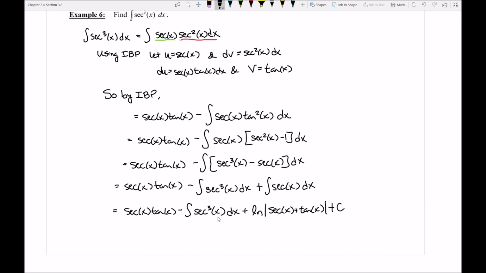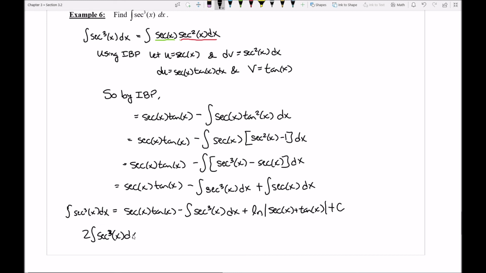Can you spot it? Well, you might notice, wait, isn't that the integral we started with? In fact, if I was to kind of carry this all the way down, isn't that what this is equal to right now? So wait, I have again the case of the unknown integral. I could go ahead and state that if I added this to the other side, I would get two of those secant cubed integrals.